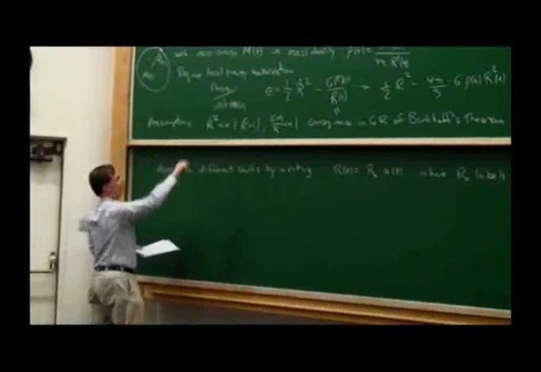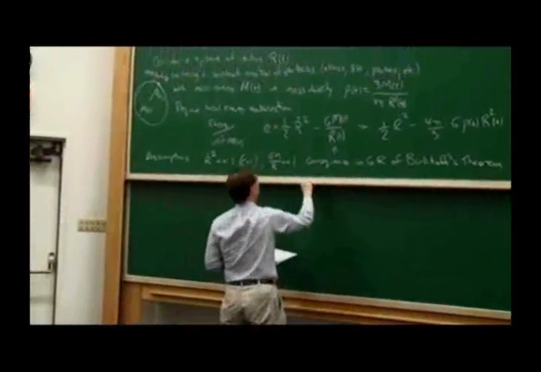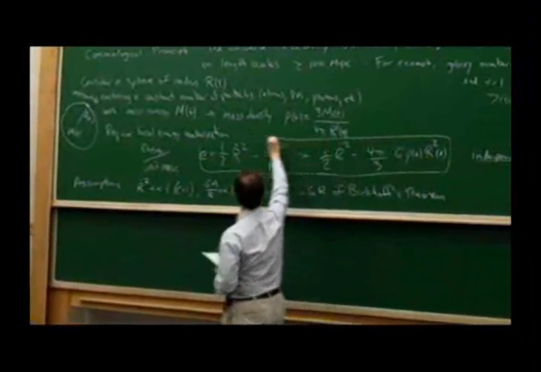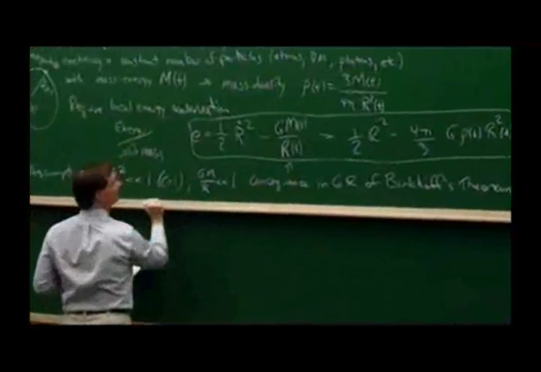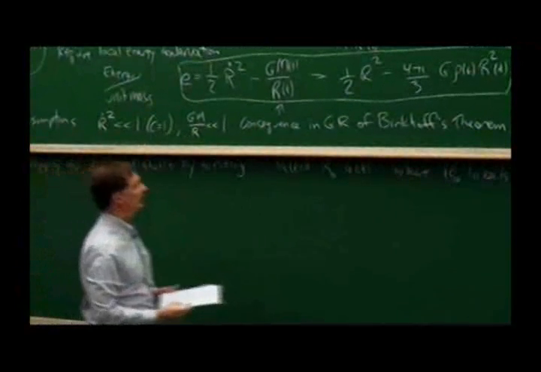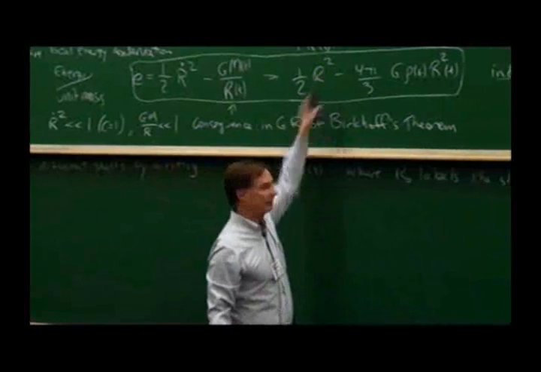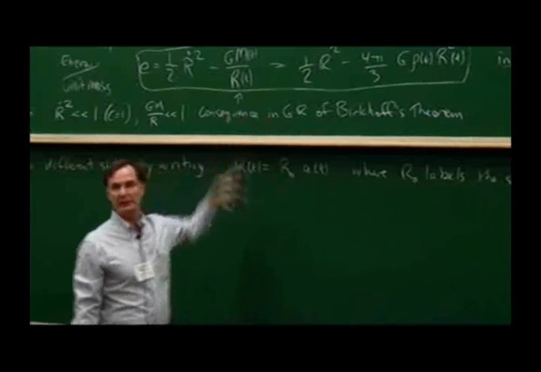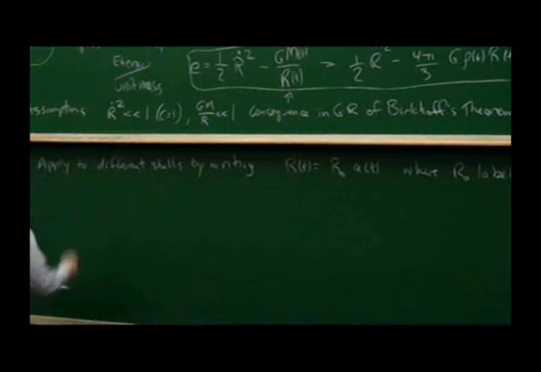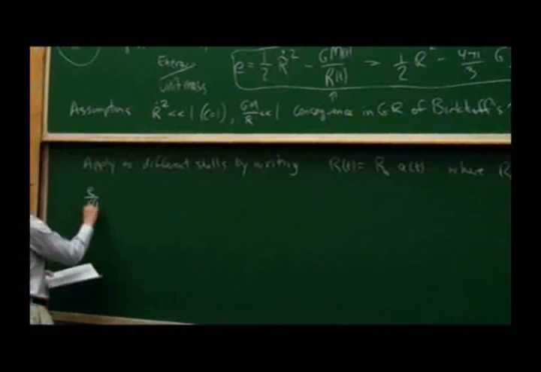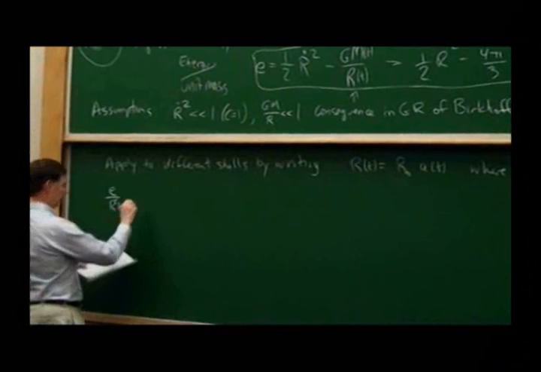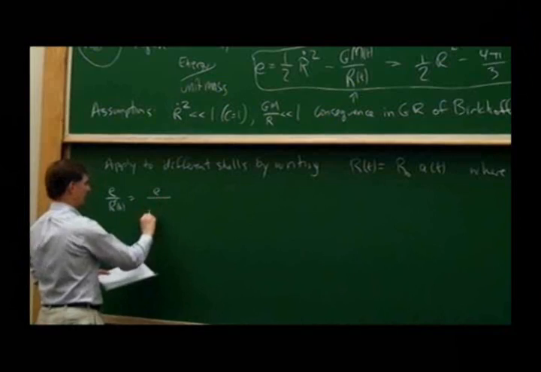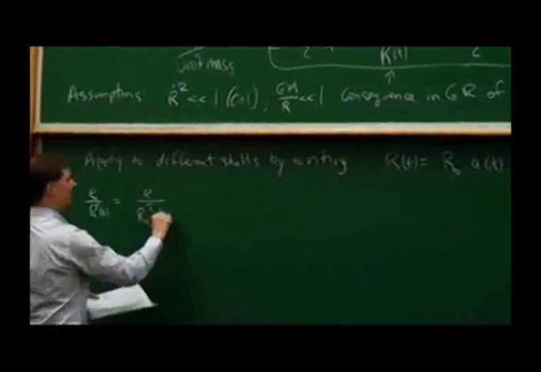So I will take my energy equation here, and to get rid of the dependence on R0, which you can see, for example, in R dot, that will have an R0 in it, I will just divide by R squared each side. So E over R squared of t, which is equal, of course, to E divided by R0 squared A squared of t.